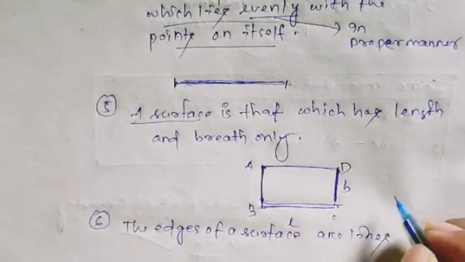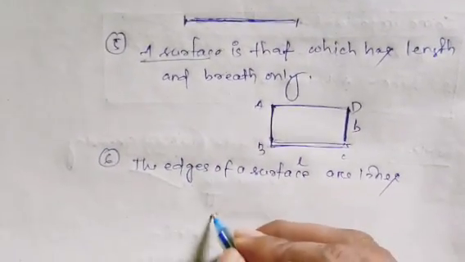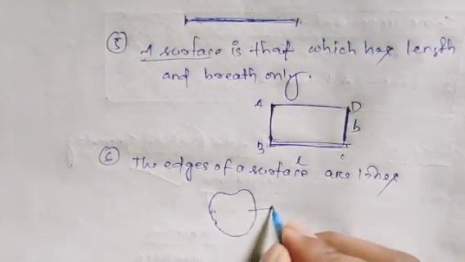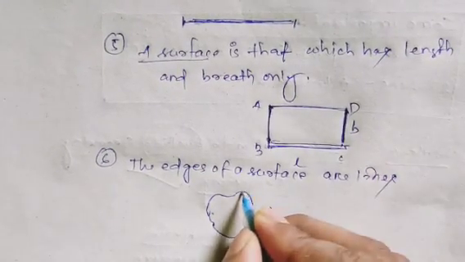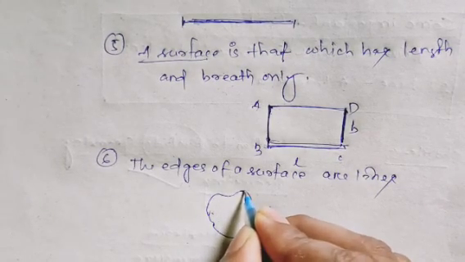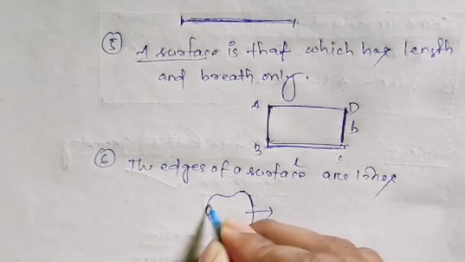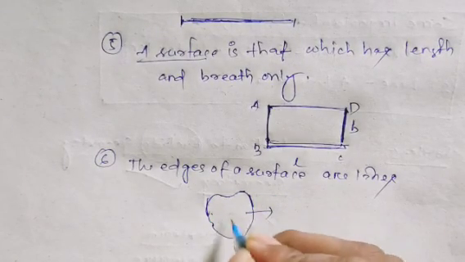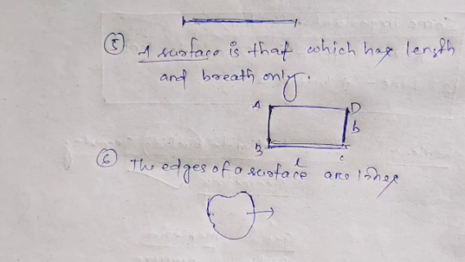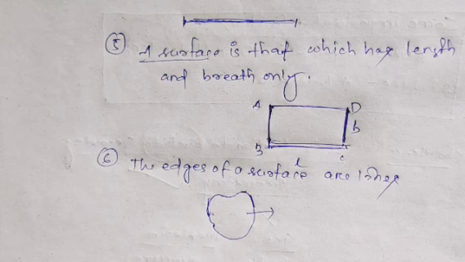You can say, sir, this can be a surface. Yes, it is a surface, but it is made up of small lines, a combination of small lines. So the edges of a surface are always lines.